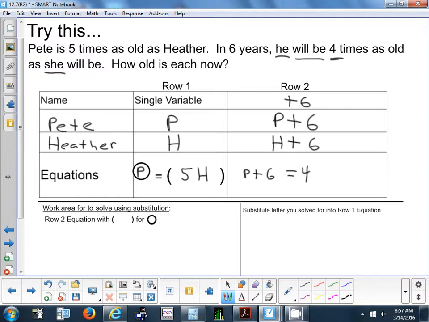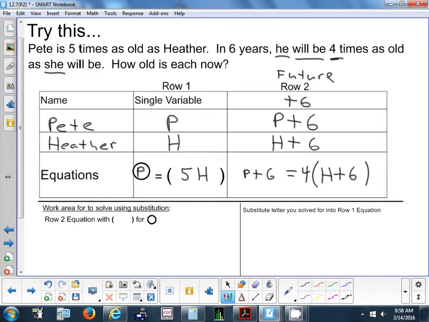Look at the board. How are we going to represent Heather in the future? Row 2 is the future. H plus 6. Yes. Perfect. And just remember, anytime we fill in for somebody's age in the future, we're usually going to have a distributive property. So we're going to put H plus 6. All right, so that's he will be 4 times and then Heather.